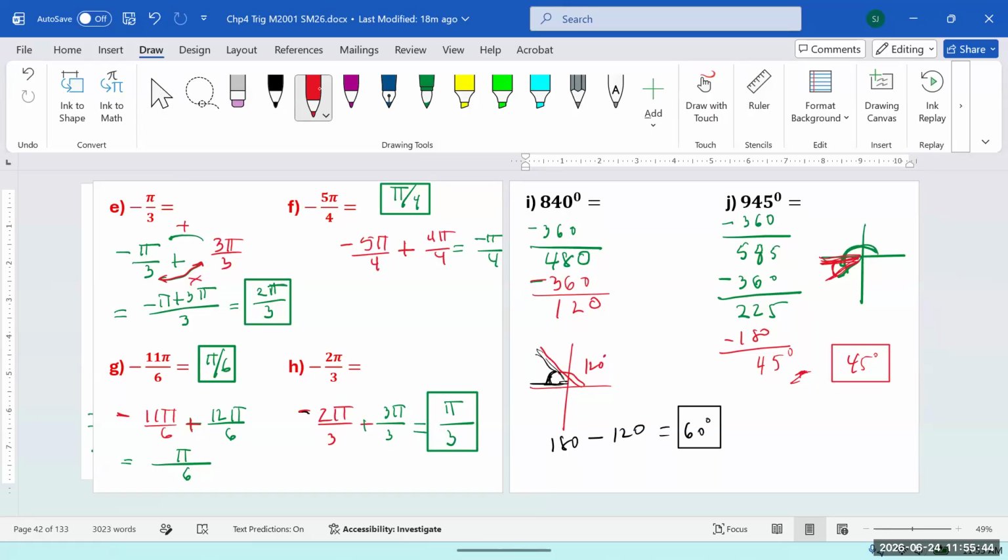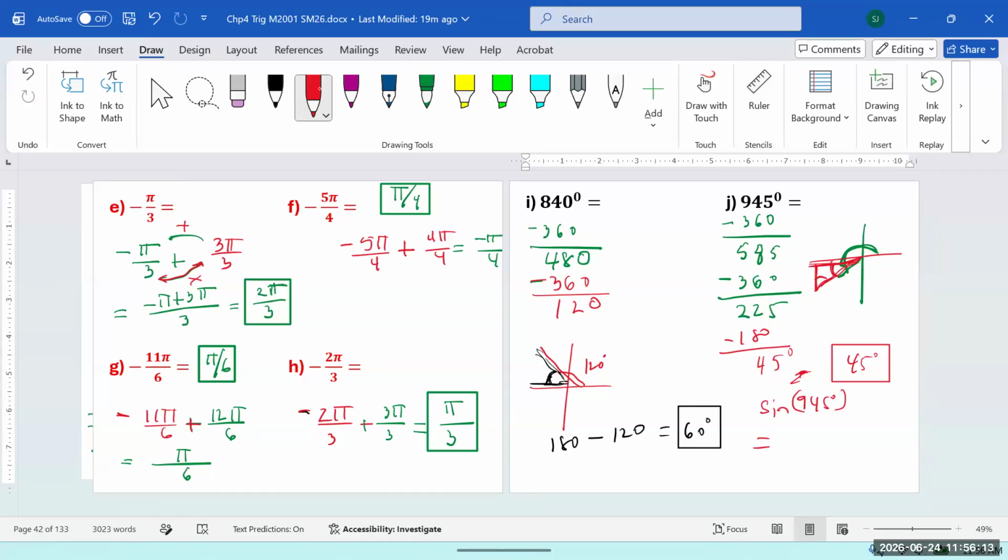If someone asks you to find sine 945 degree, how are you going to find it? Is the reference angle. So we know our reference angle here is 45 degree. So from here to here, it's 45 degree.